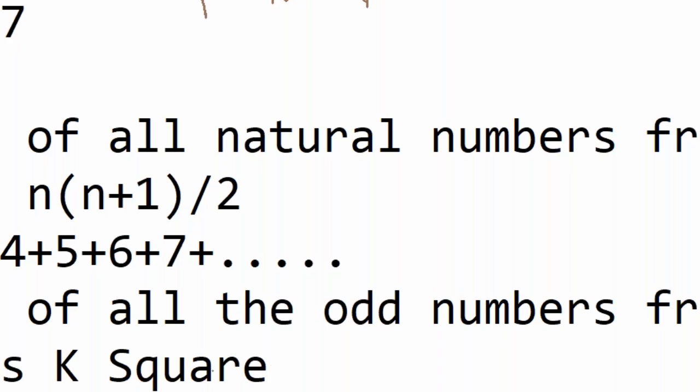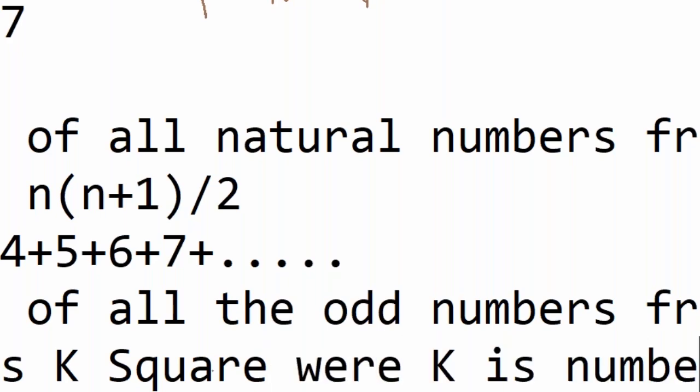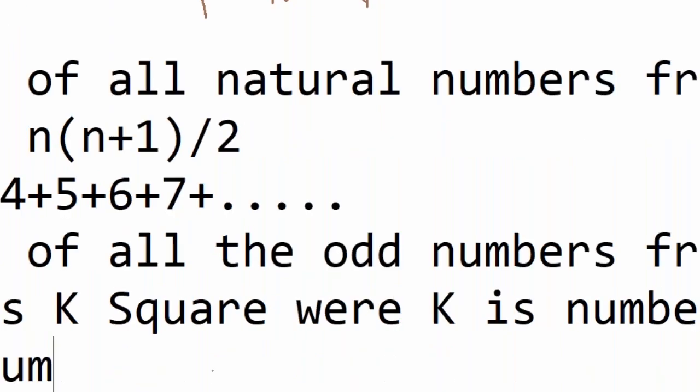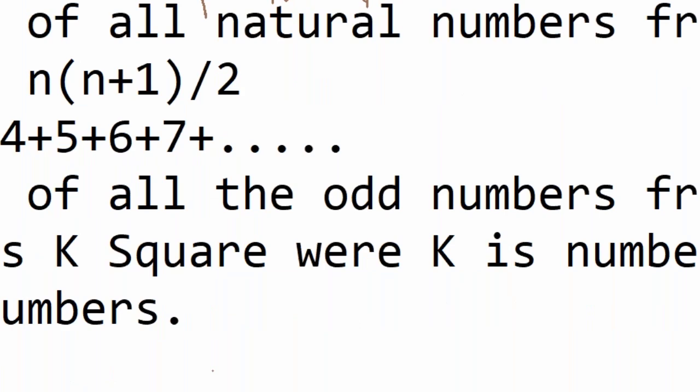Here it is not possible to represent square, ma, but please note down k square, where k is the number of odd numbers. Please listen, all of you. After completion of the concept, please ask me if you have any doubt related to this concept.